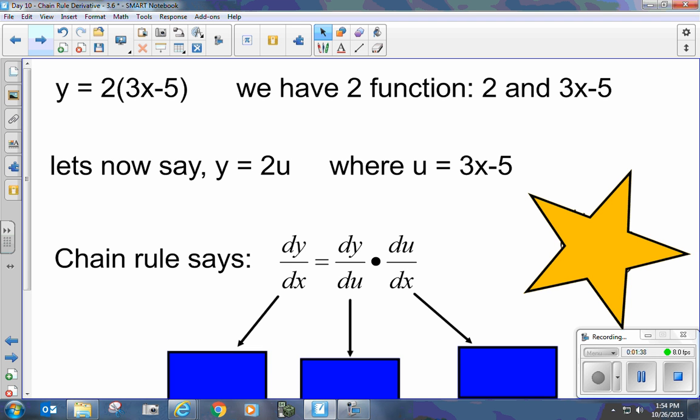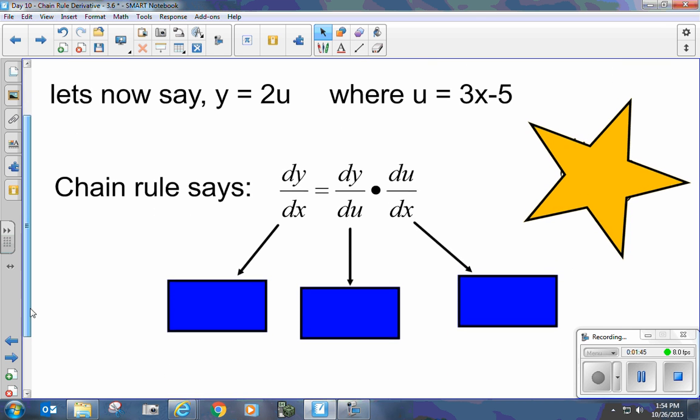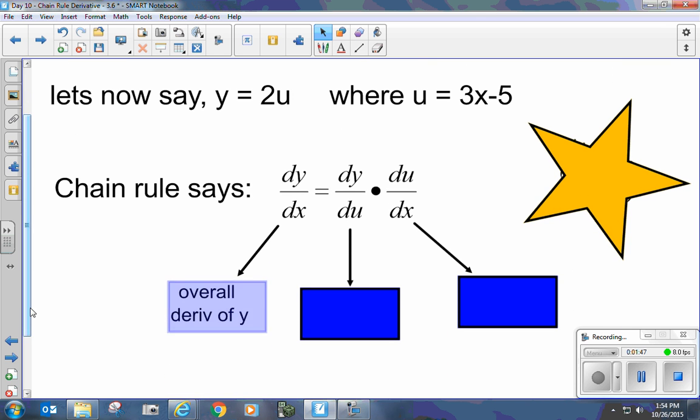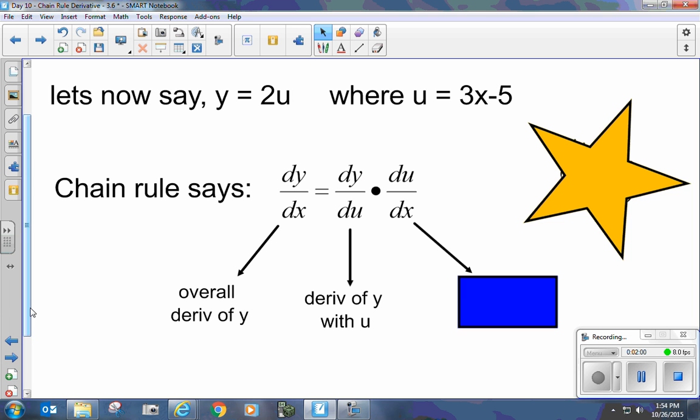So now, the chain rule says that dy dx, which is the overall derivative of y, is equal to the derivative of y with respect to u, and the derivative of u separately, times the derivative of u separately.